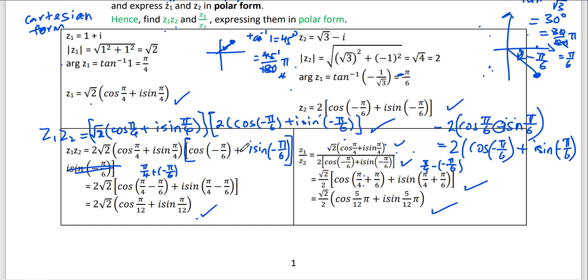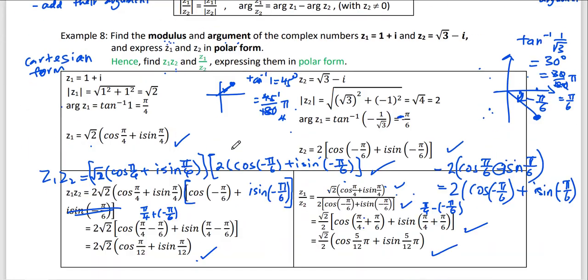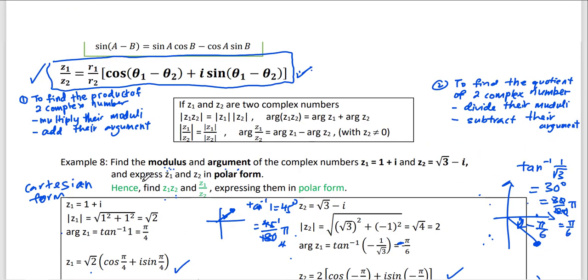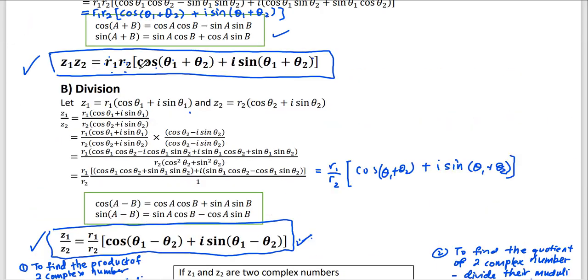Next is the operation. First step you need to show the substitution. Second you need to use the formula.